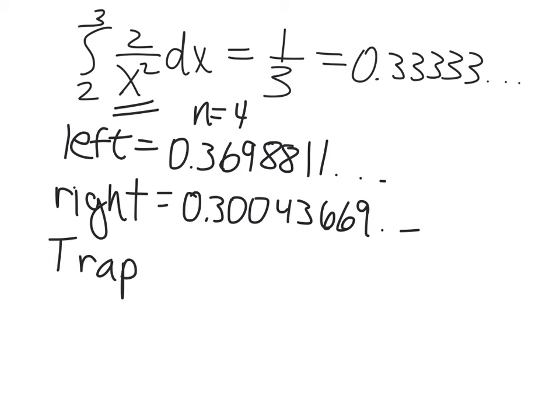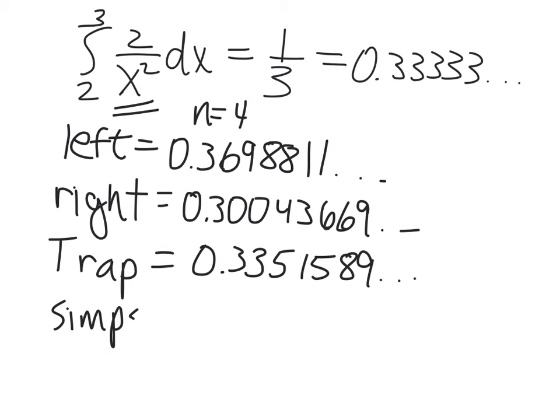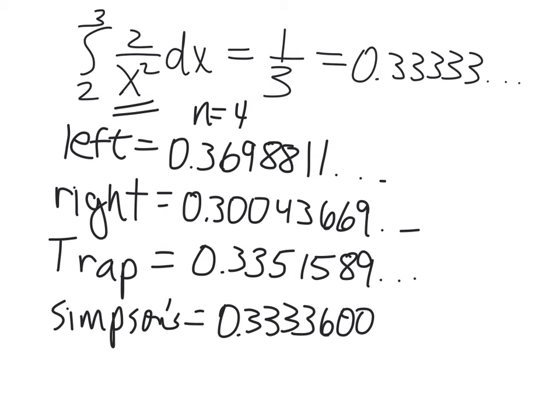The trapezoid rule on this one would be quite a bit more accurate than the rectangles using left and right endpoints: 0.33511589 and so on. And then finally, Simpson's rule, 0.3333603 and so on.